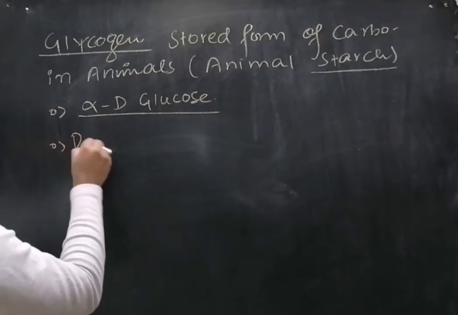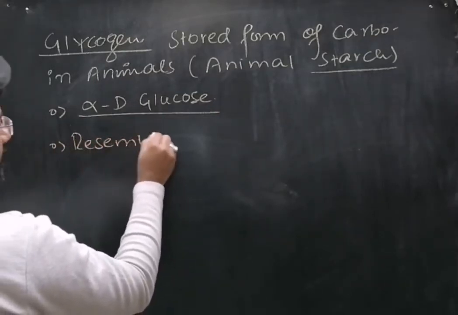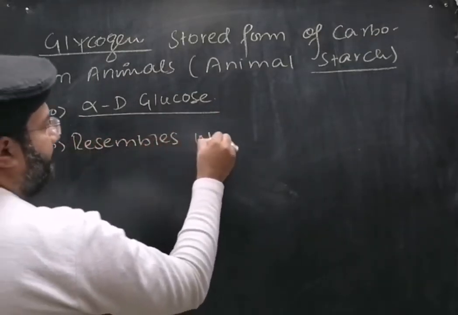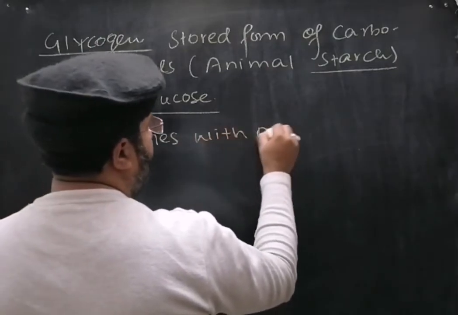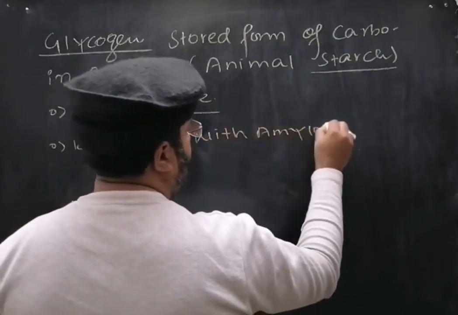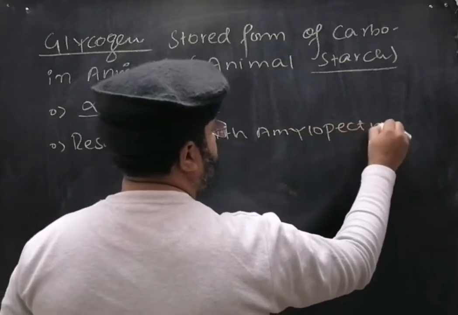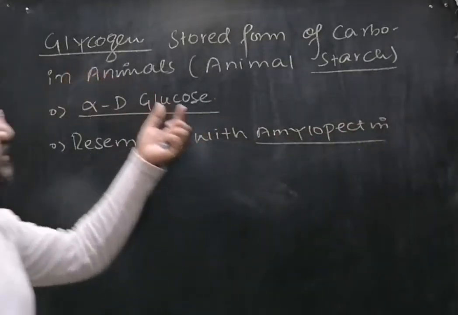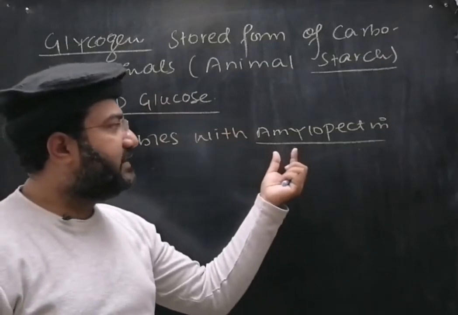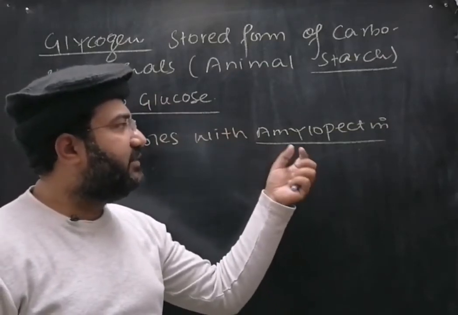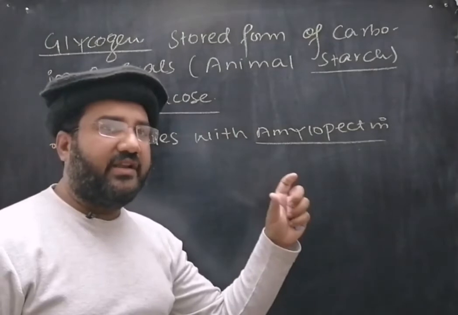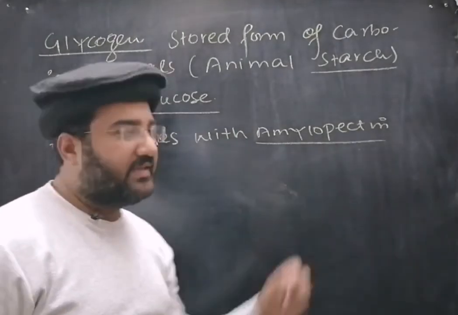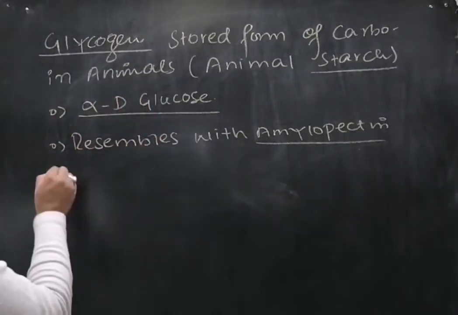Glycogen has a structure which resembles amylopectin, but it is much more branched as compared to amylopectin. That means in glycogen also 1,4 and 1,6 glycosidic linkages are present just like amylopectin, but the structure of glycogen is much more branched.